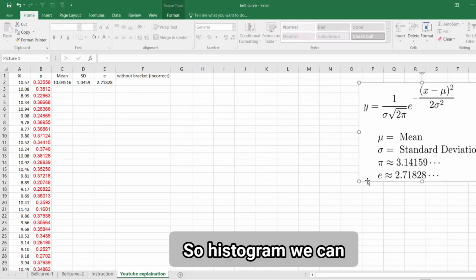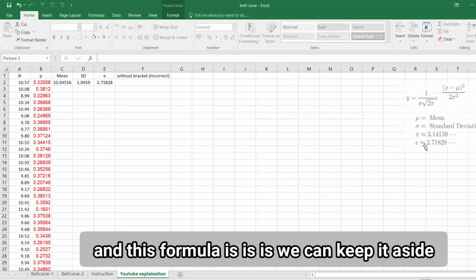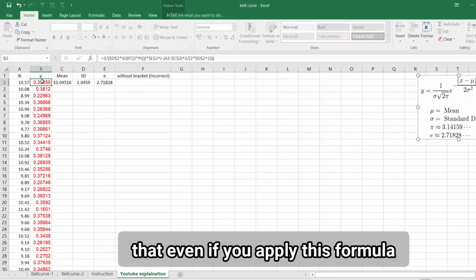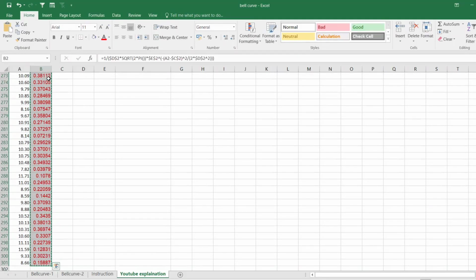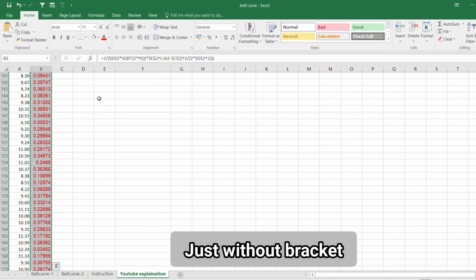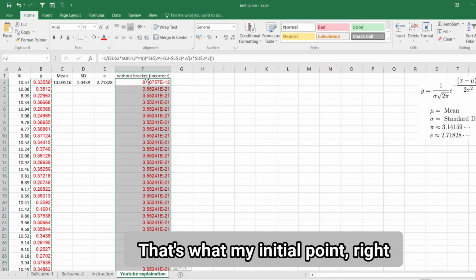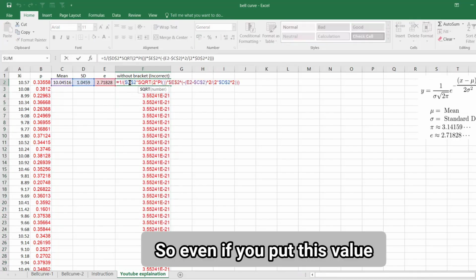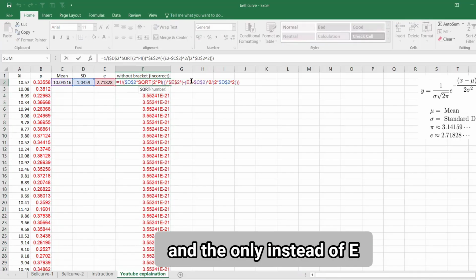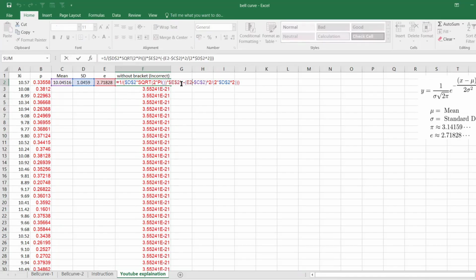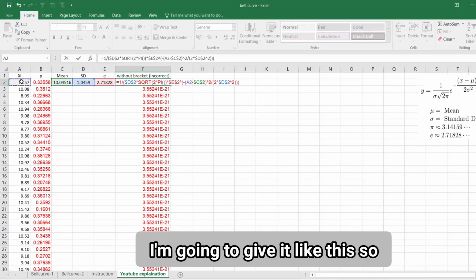So for the histogram, this formula we can keep aside. And what I was saying is that even if you apply this formula just without bracket, you will not get that bell curve, right? That's my initial point. So even if you put this value, instead of E, I'm going to give it like this.